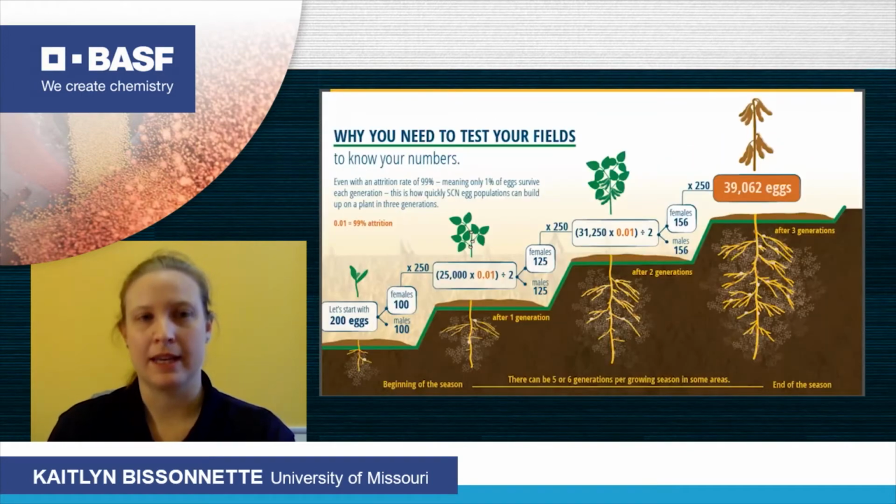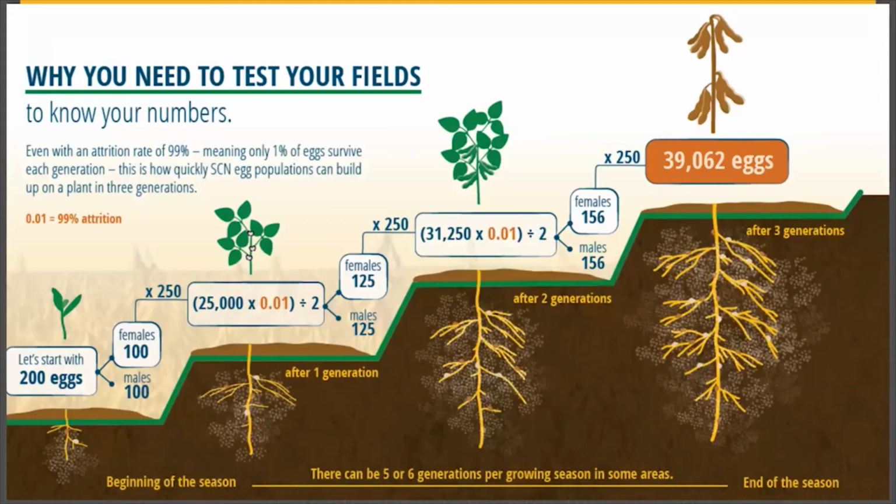So just to depict this in a picture, why do you need to soil sample? Why do you need to test your fields? How does this really impact yield over time?